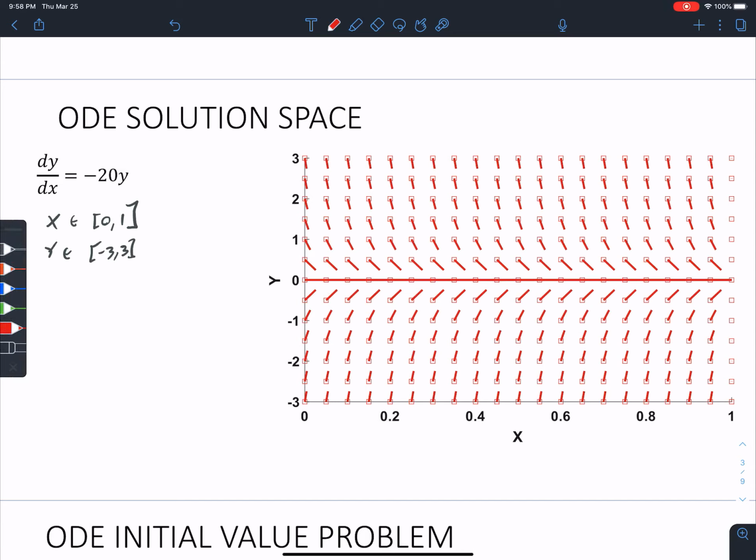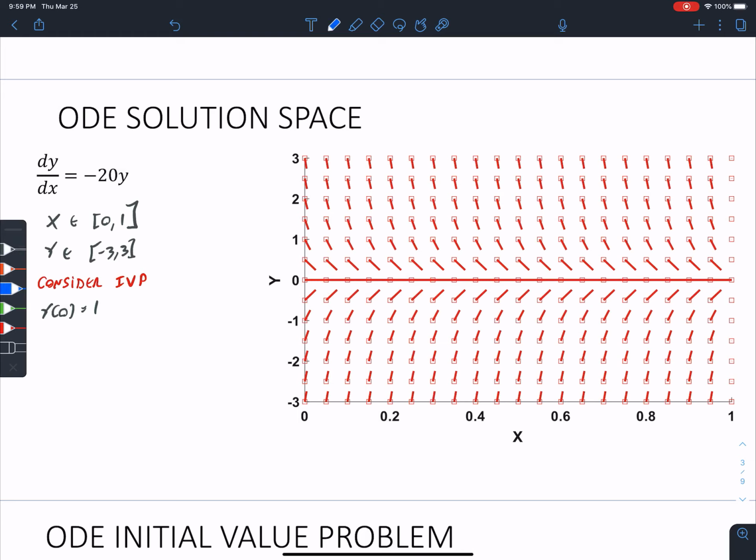Let's say we have the following initial value problem, where our initial point is y of 0 equals 1. We're starting around here, let's make it a blue mark.